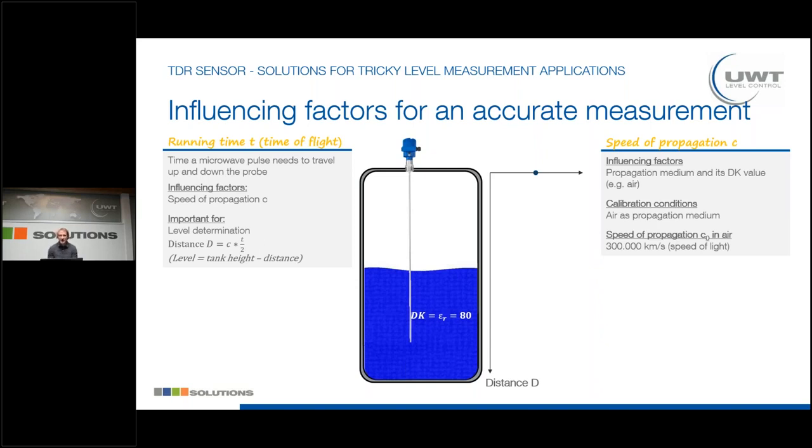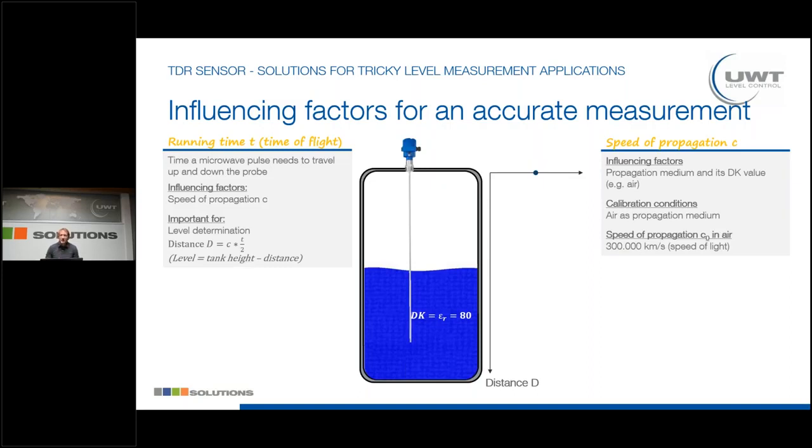Speed of propagation is an important factor, normally the speed of light, and these are also the calibration conditions. So we calibrate those sensors in air, the ambient medium, and the default value for the speed of propagation is the speed of light. This speed of propagation is influenced by the medium and its decay value, or whatever the microwave travels through.